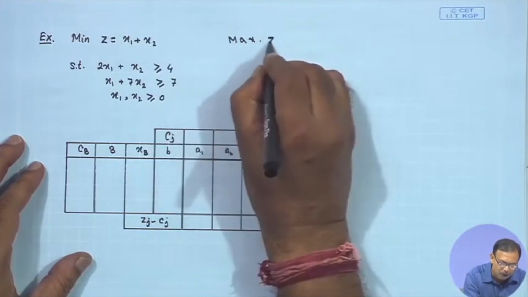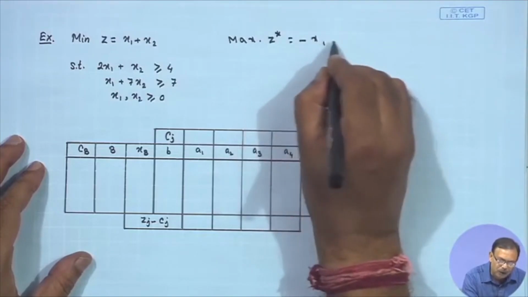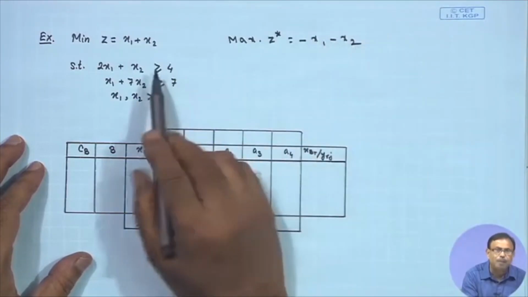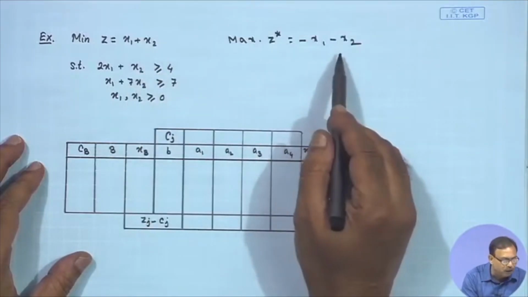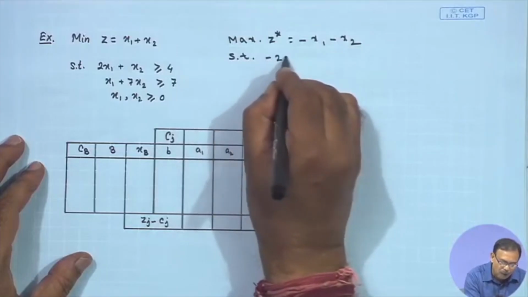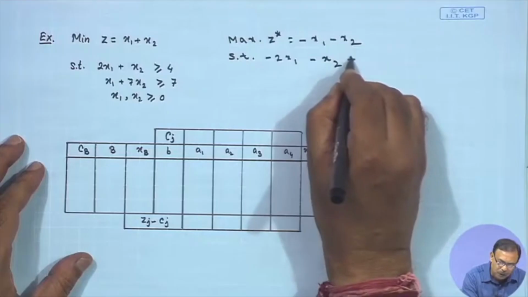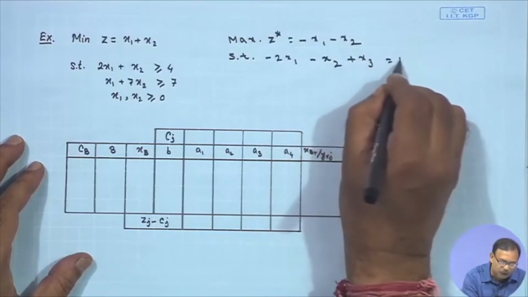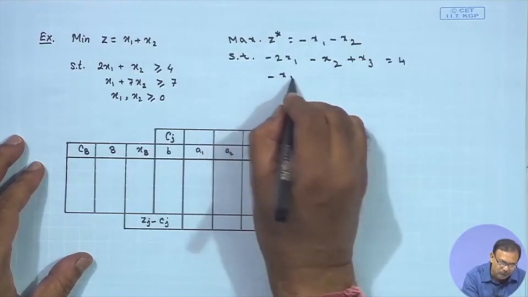So, the problem will be maximize z star equals, since it was a minimization problem, therefore, I have to multiply it to get minus x1 minus x2 subject to minus 2x1 minus x2 plus x3 equals minus 4. Second one is minus x1 minus 7x2 plus x4 equals minus 7.